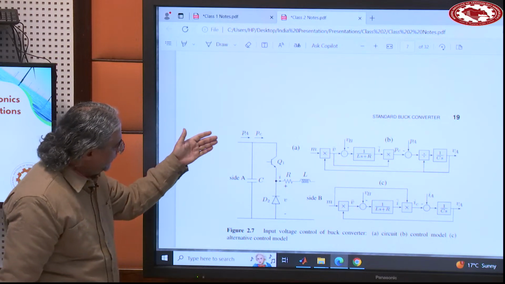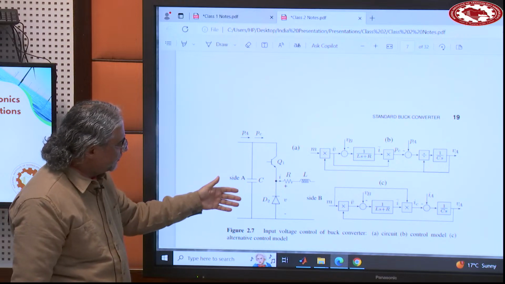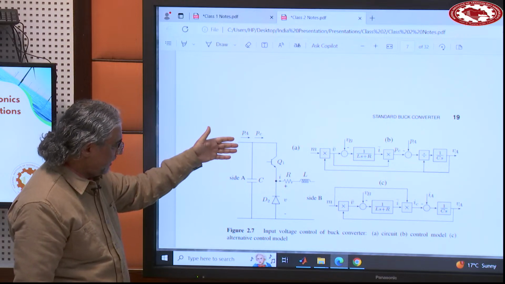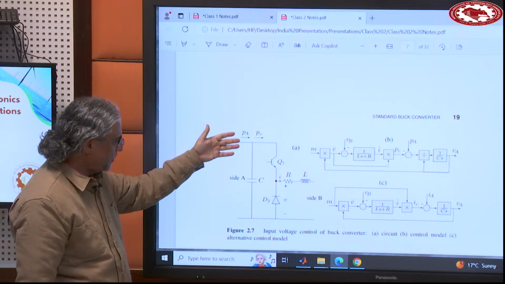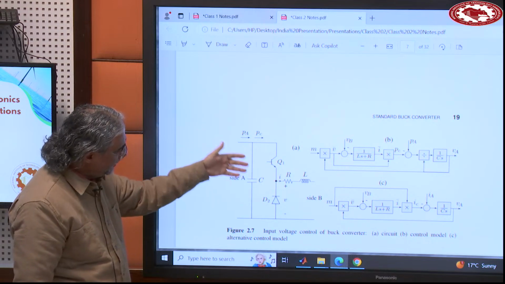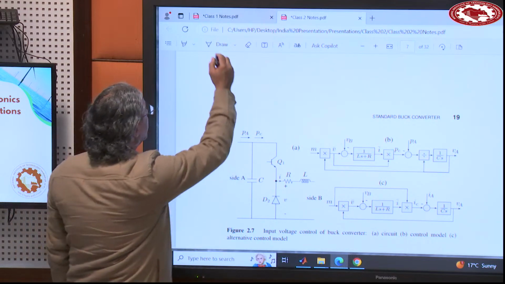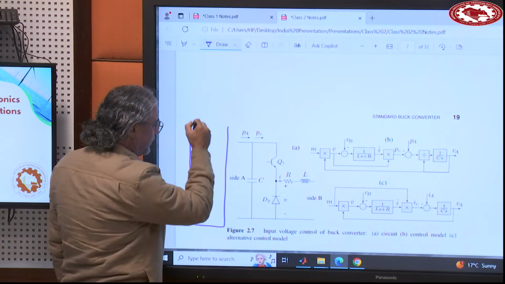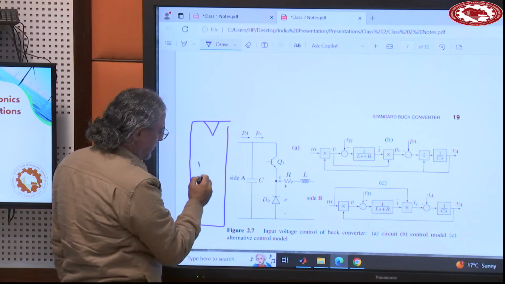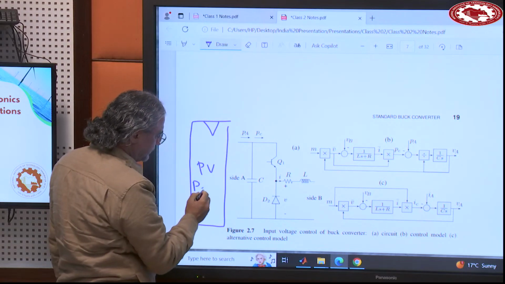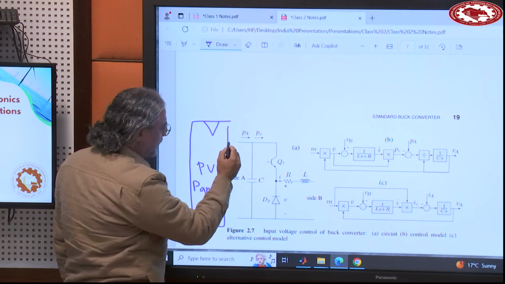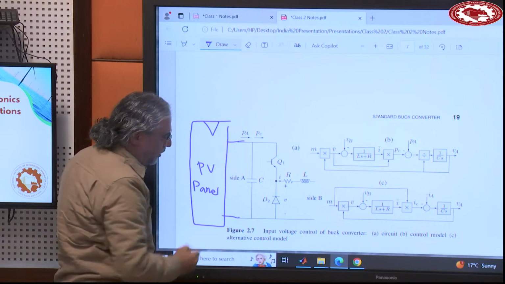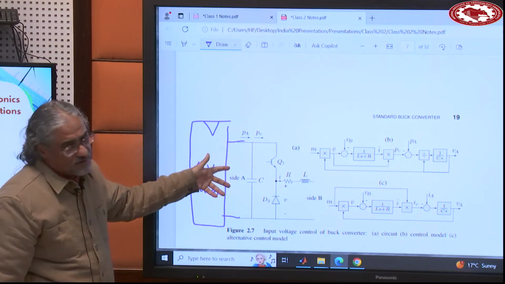So here you want to control this voltage. For instance, this is the application if you want to have a buck converter connected to, let's say, some solar panels here, a PV panel. And then you want to control the voltage across the PV panel.